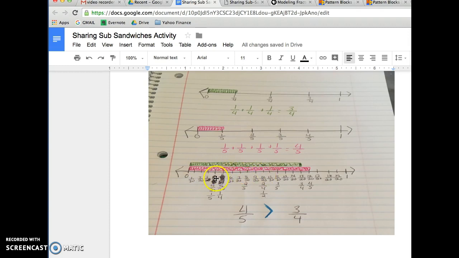Then I could see on my number line where 1/5 was, 1/4, 2/5, 2/4, 3/5, 3/4, 4/5, and of course 4/4 and 5/5. So 3/4 would be right here, and 4/4 would be right here. As you can see, the students getting 4/5 of a sub are getting more than the students getting 3/4 of a sub.